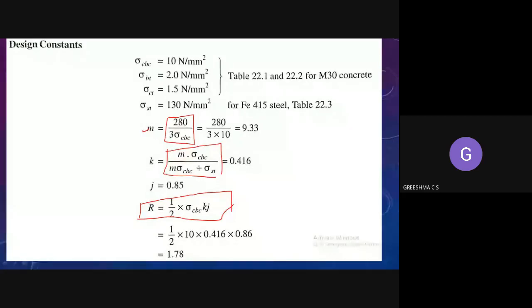Yes, j is equal to 1 minus k by 3. So j means lever arm, 1 minus k by 3. Now that you are having all the values, you can substitute them and find out the values.